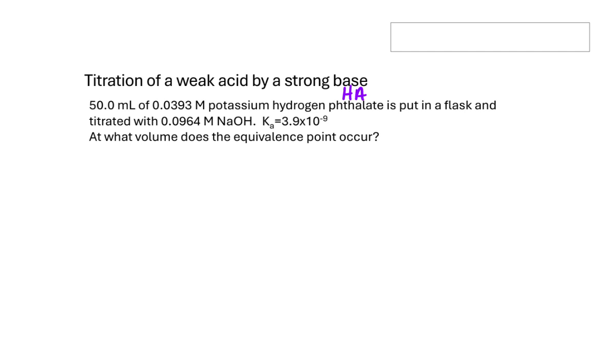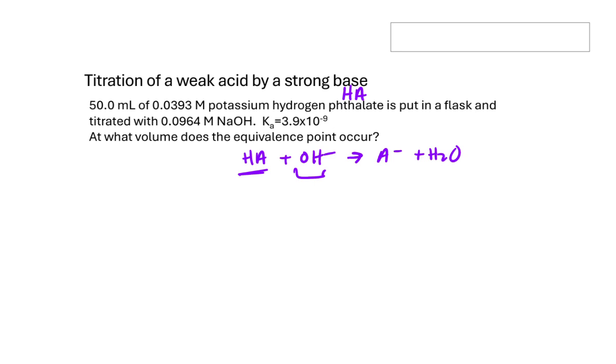We know that at the equivalence point, the reaction of HA plus OH minus forming A minus plus H2O occurs to completion. So we want to know the number of moles that we start with of HA, and then calculate the volume of 0.0964 molar hydroxide that's required to get to that same number of moles that exists for the HA.